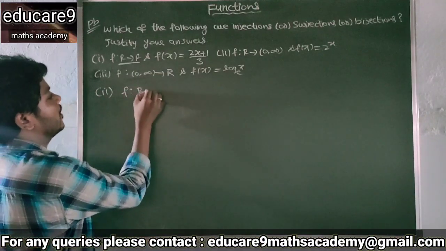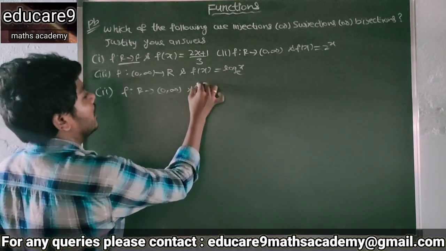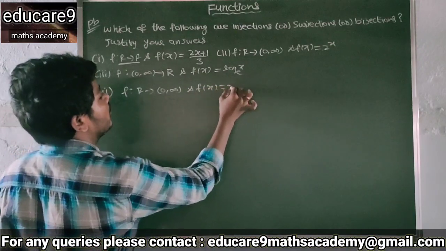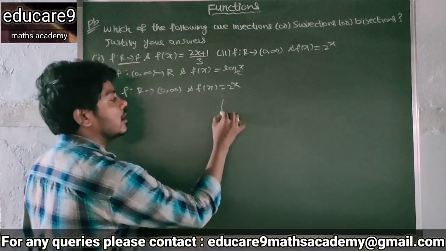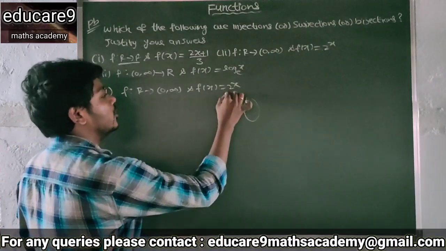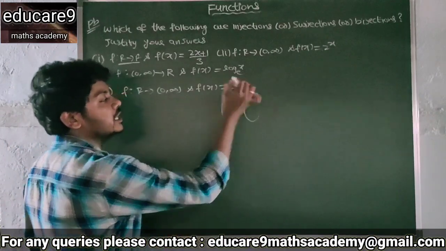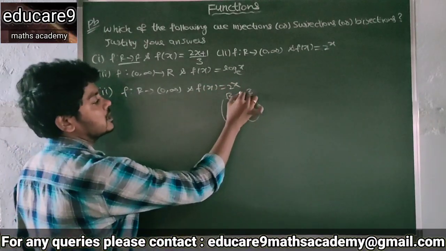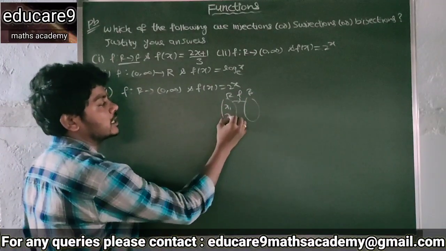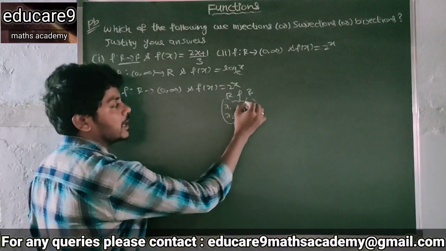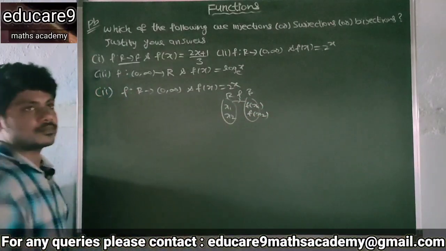So see the second one. f from R to (0, infinity), and f of x is equal to 2 power x. See here, the domain is R and the codomain is (0, infinity). Let B be (0, infinity). So for a one-one function, let's take two elements in the domain and the corresponding elements in the codomain, f of x1, f of x2.